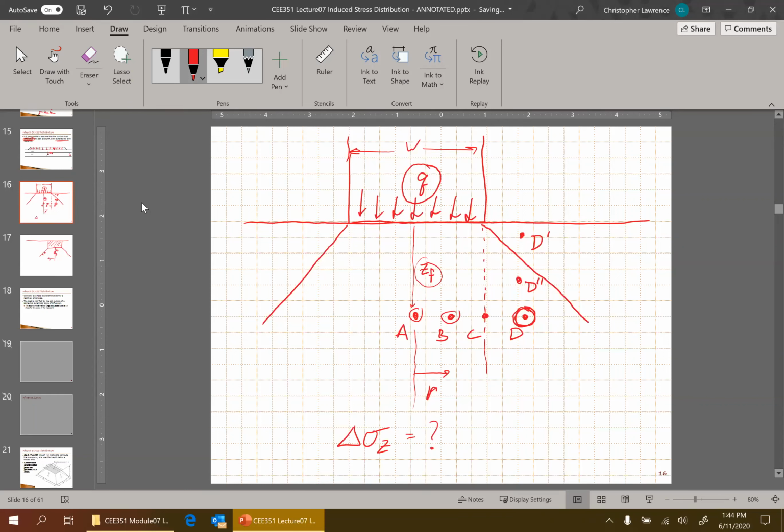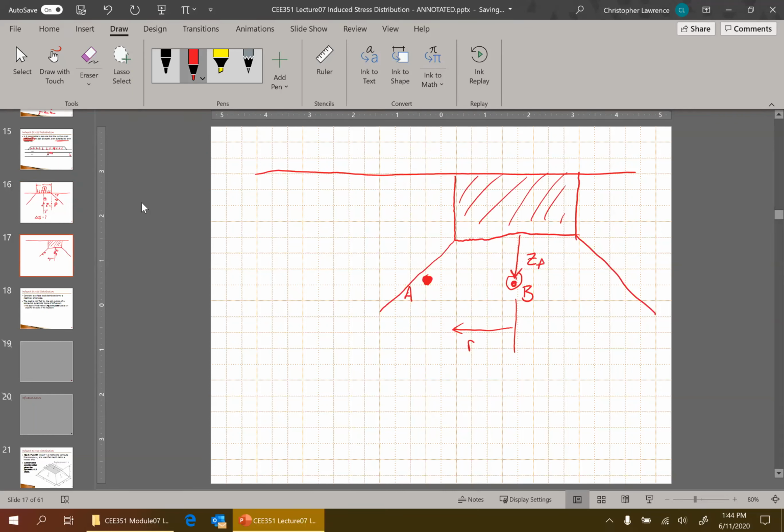Then I went on and I developed this idea of a negative influence. So when we remove soil, or we create some kind of negative stress, remember, the key here is you have to consider where the load is applied.